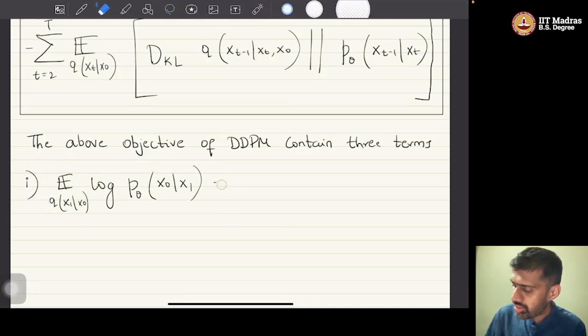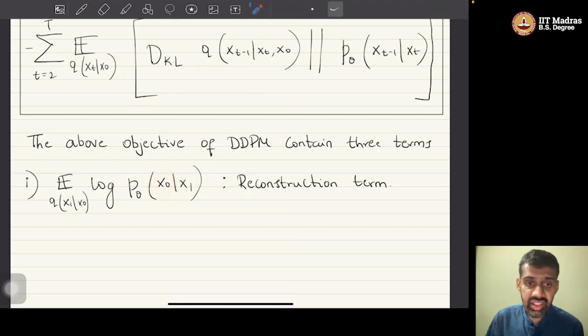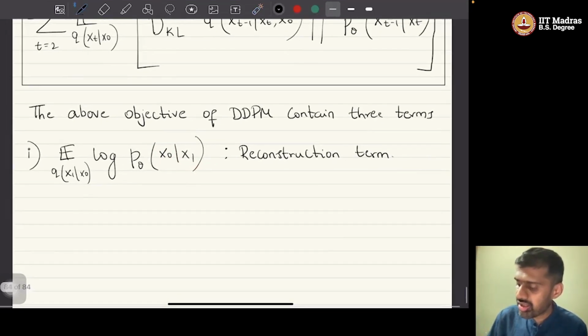This is typically the reconstruction term. Why? Because this is trying to reconstruct the data x0 back from the first latent variable. This is the usual reconstruction term that appears in the VAE literature.